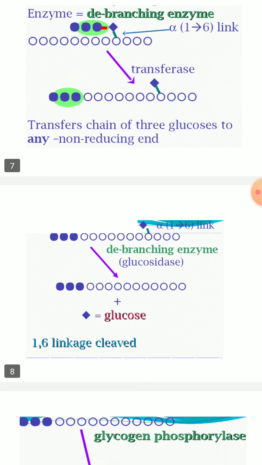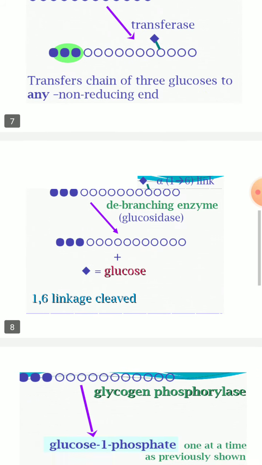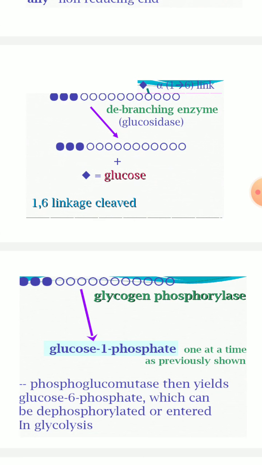You can make out the free glucose molecule released by the action of this glucosidase enzyme, cleaved at the 1,6 linkage position.